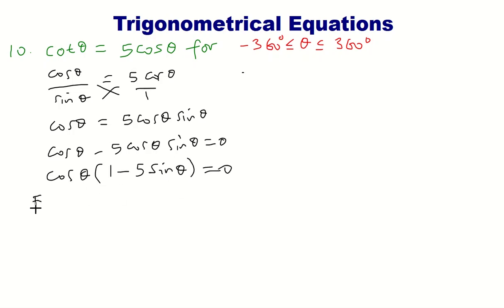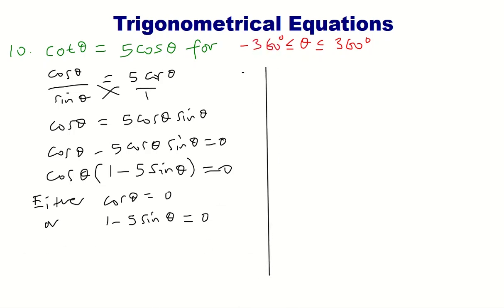So either cos theta is equal to 0 or 1 minus 5 sin theta equals 0. These two equations will give us the solutions. Let's look at if cos theta is 0.